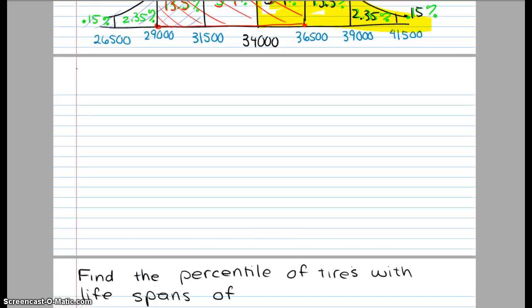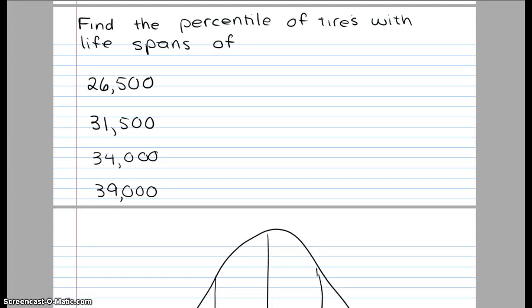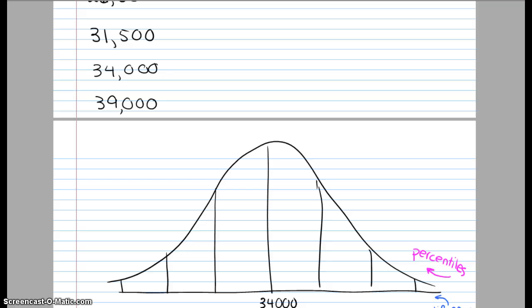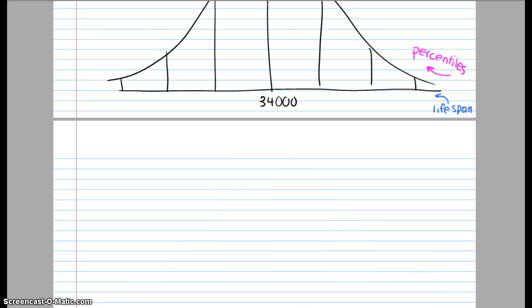Part B of this problem. Find the percentile of tires with lifespans of 26,500. Well, let's draw our picture again.